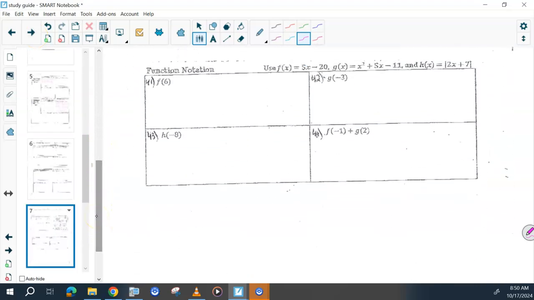So in 44, it's basically taking two different function notations and then combining them together. So I have different functions up here. I have f, I have g, I have h. So for the f function, I'm going to use that, f of x equals 5x minus 20. So we're going to do f of negative 1 equals 5 times negative 1 minus 20. And figure out what that is.